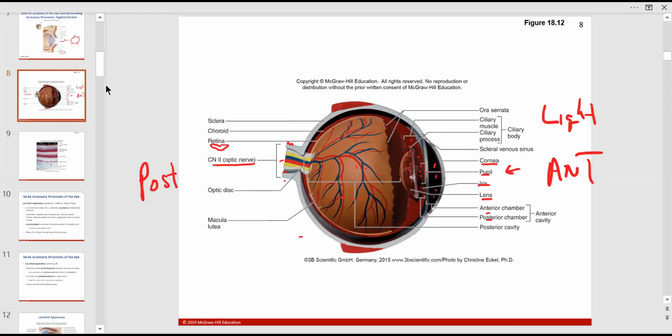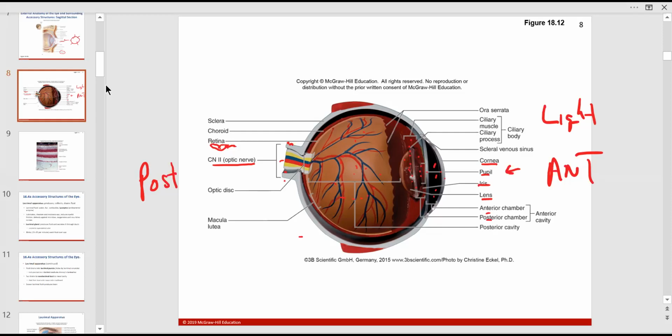Rods are more for dim light, where cones are more for color and bright light. So rods help us see more in the dim light. Like in a sheep, they really don't care about light so much, but they really need to see in the dark. So they have different layers within their eye, and they have more rods than they do cones.